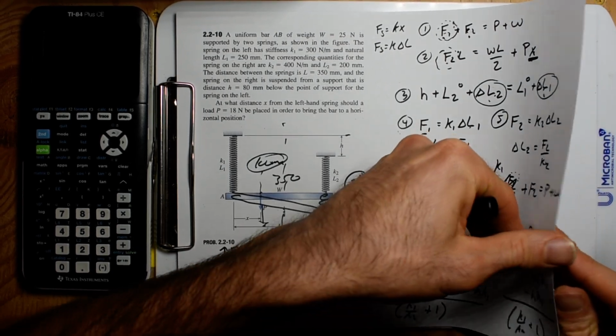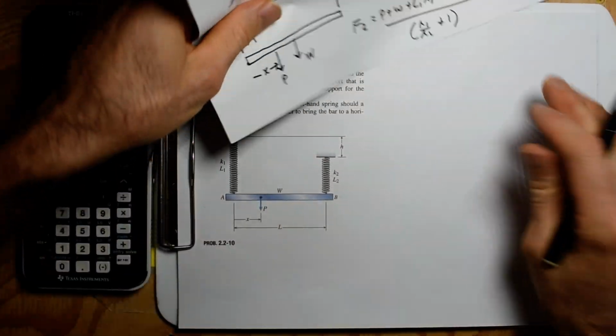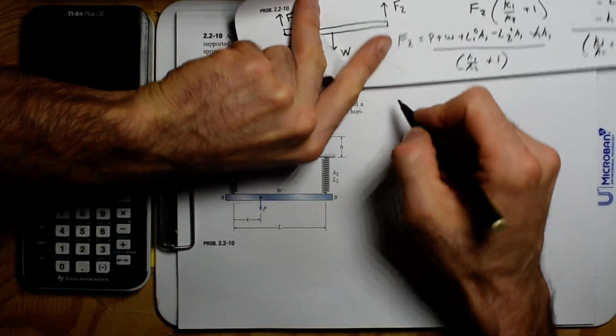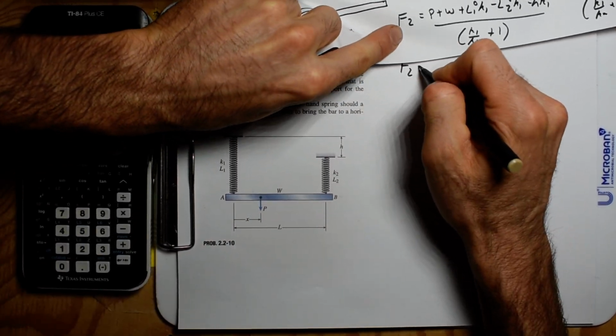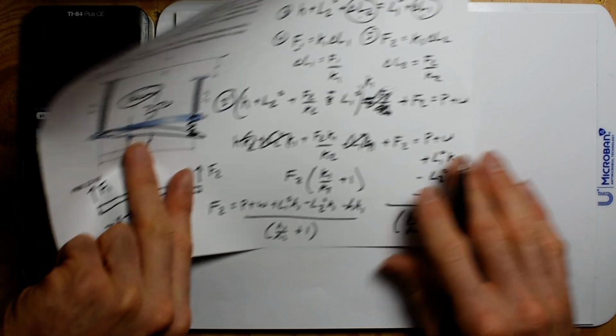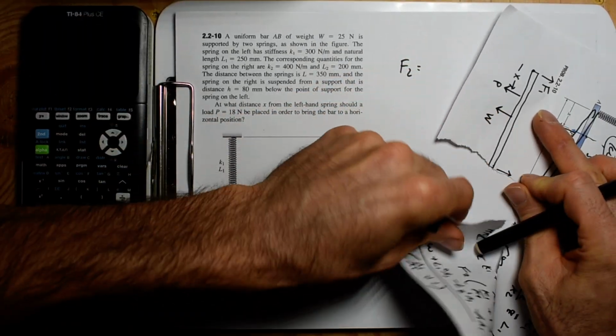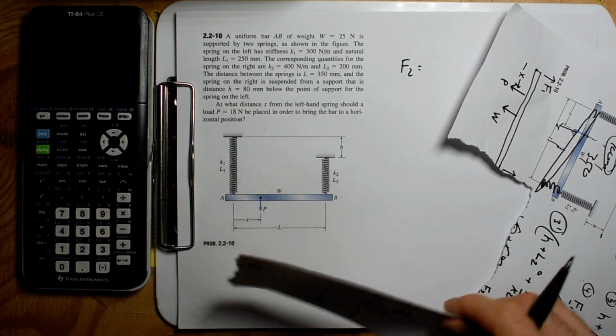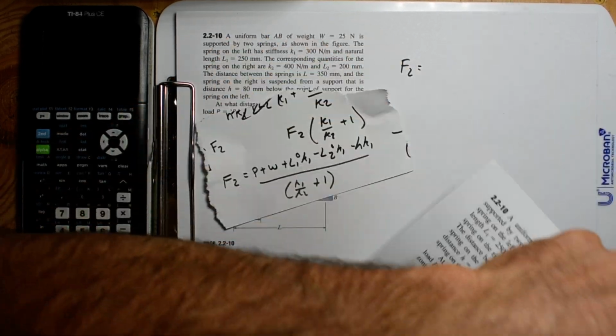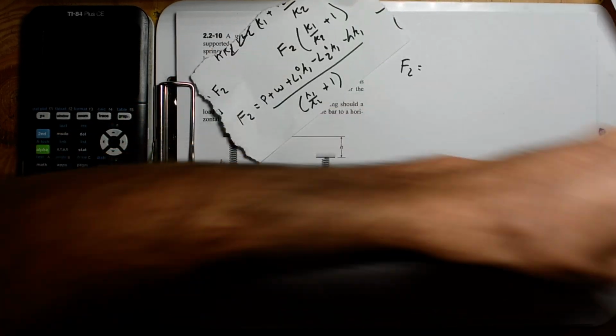But yeah, we definitely need a new sheet of paper. So let's get that written up here, and we got f2. I'm just going to totally do this now. We're trying to make faster videos, even if it's sloppy.